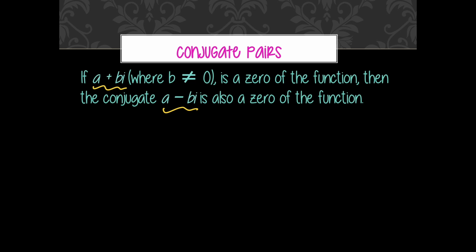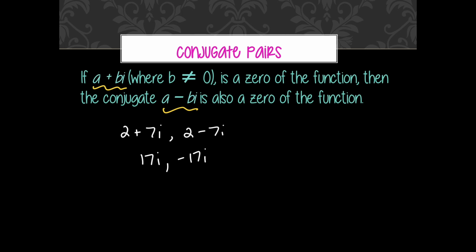So if I just told you that 2 plus 7i was a factor of this function or a zero of the function, you automatically know 2 minus 7i is also a factor. Is also a zero of the function. If I just said 17i, then negative 17i would also be one of the zeros of the function.